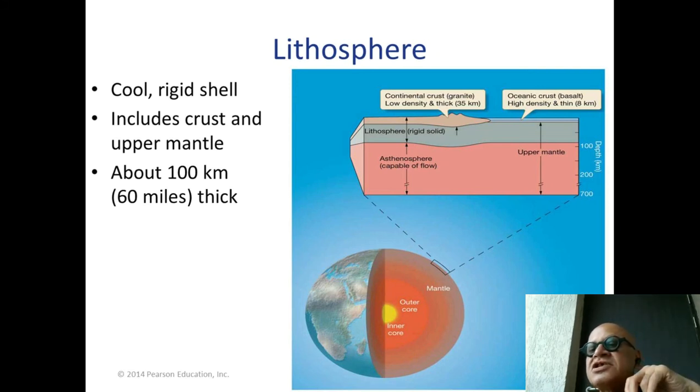It's higher density and thinner, 8 kilometers thick, whereas the continental crust is lower density by almost 30%, and it's thicker by several times, so it's 35 kilometers thick, and the lithosphere is floating, or continents are floating on top of the asthenosphere. So this is another way of looking at the internal structure of our Earth's internal composition.